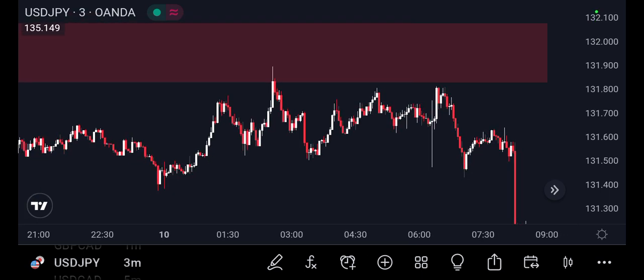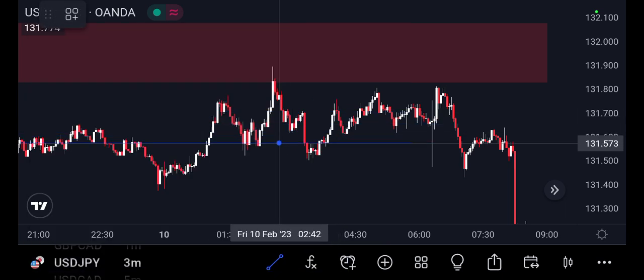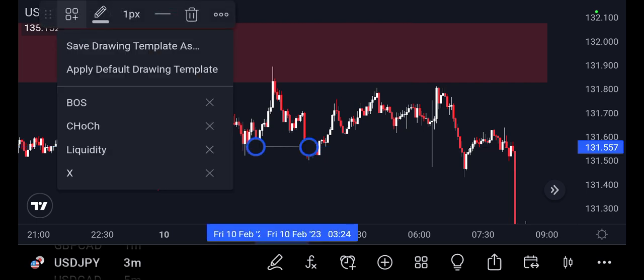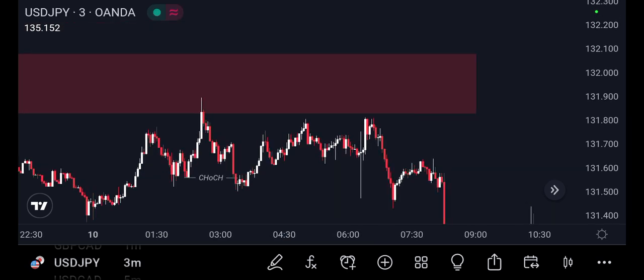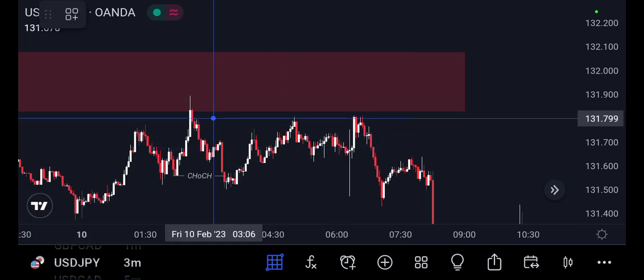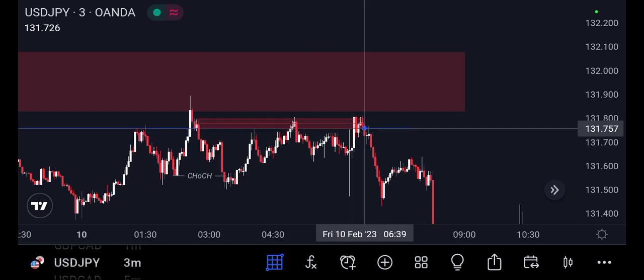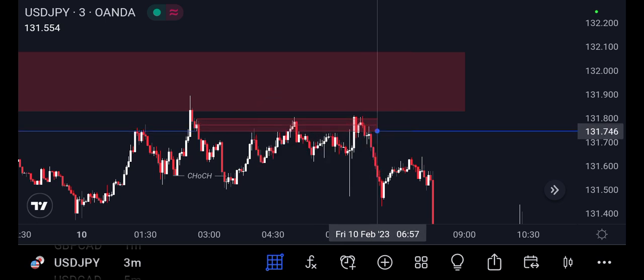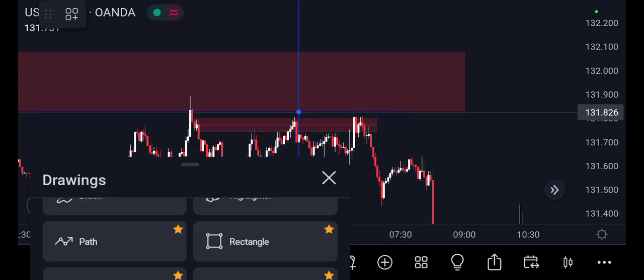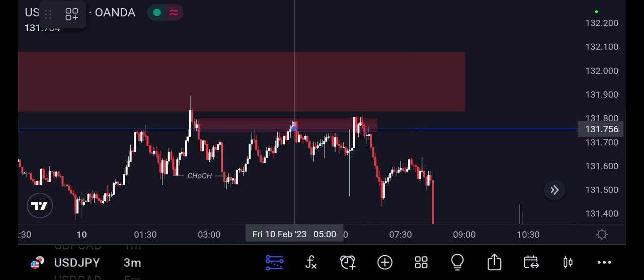We have a change of character here. Change of character, and you mark out your zone. The last buy candle before the sell candle that led to the break of structure. Right here, it looks as if price hits the stop loss, but no, because you leave space for spread. When you enter a trade, you have to always leave space for spread.